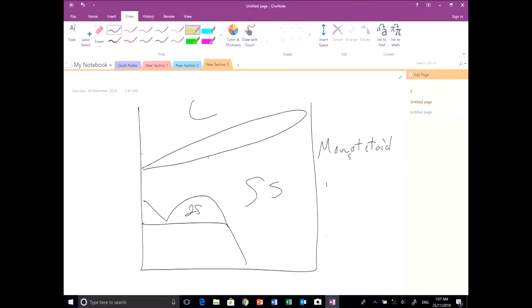So, invariant points. My goodness, what do we have? Eutectic, paratectic, melting point, eutectoid, paratectoid, monotectic, syntectic, monotectoid. We could, in principle, have a syntectoid as well. Never seen it, but it could happen.